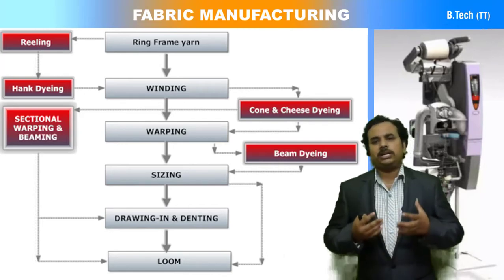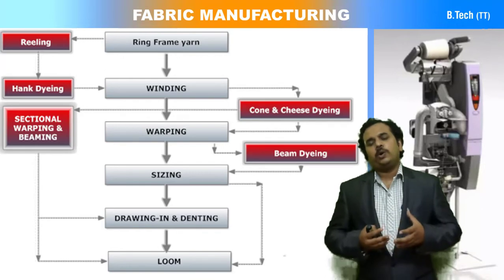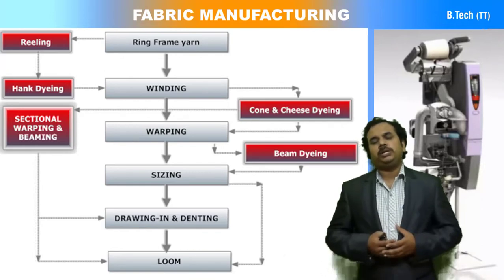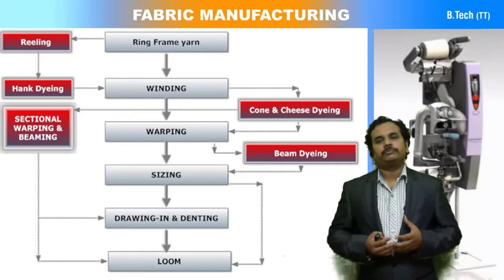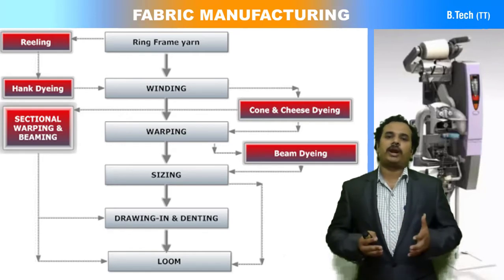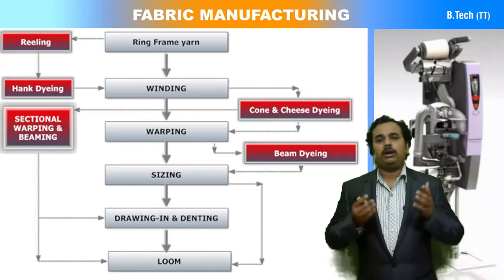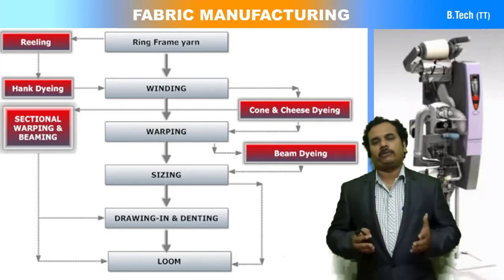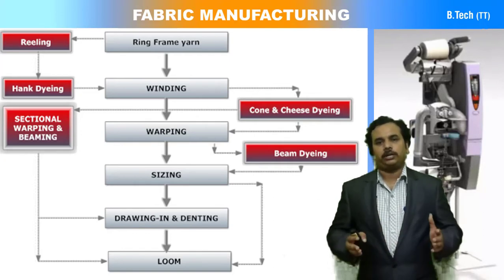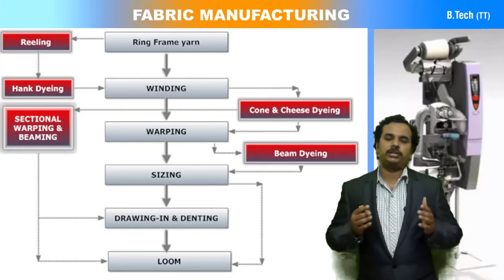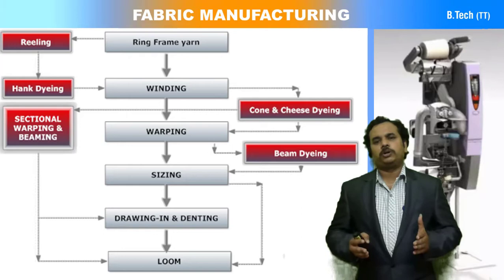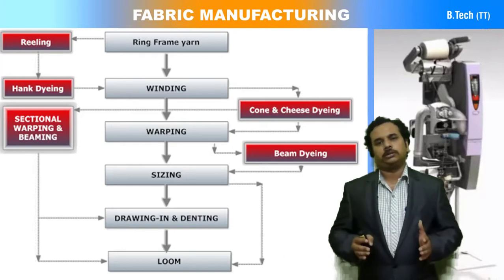After ring spinning, the ring cops are transferred to the next machine, called winding. From the winding machine, our woven fabric manufacturing starts. In the woven fabric manufacturing process, the first and foremost machine is the winding machine.